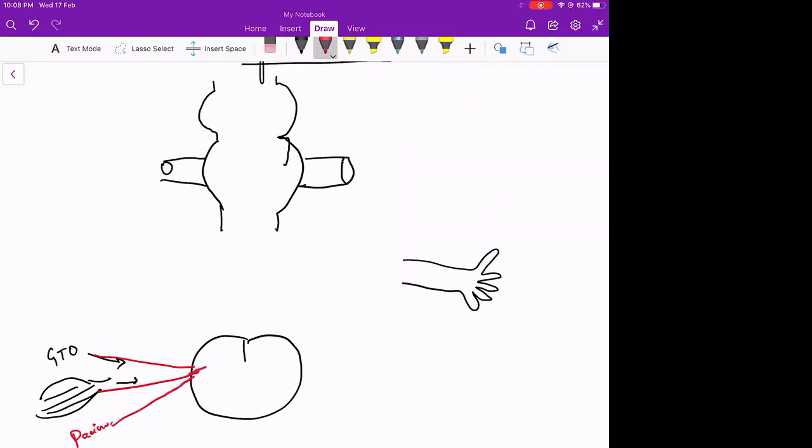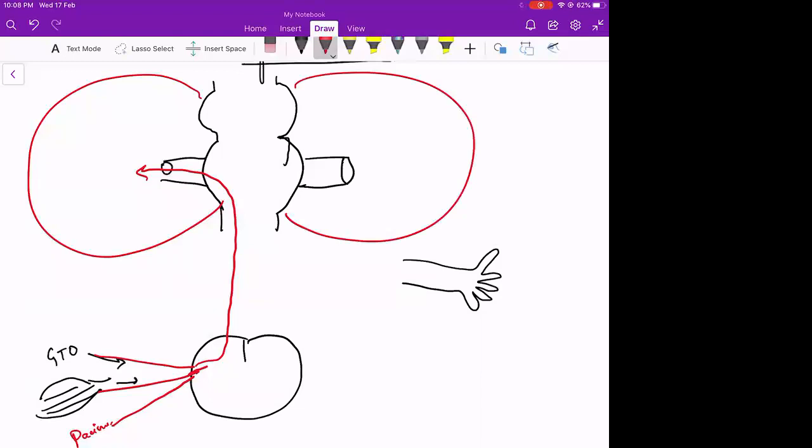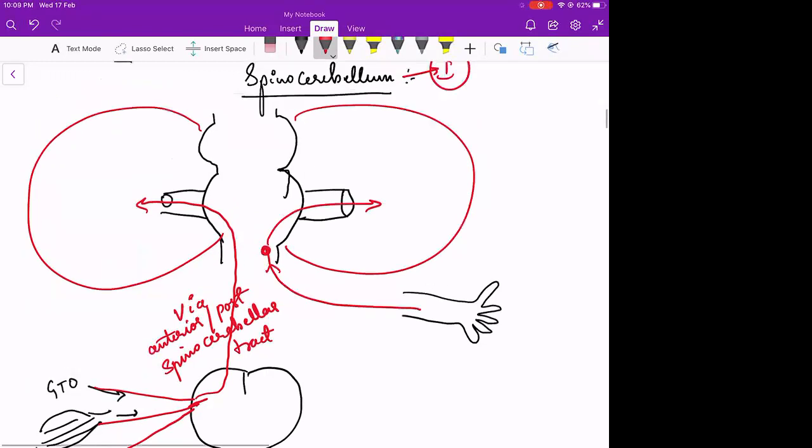All the sensory inputs will go here and reach the cerebellum via the inferior cerebellar peduncle through the anterior and posterior spinocerebellar tracts. Particularly from the upper limb, the fibers go to the nucleus cuneatus, and then to the cerebellum through the inferior cerebellar peduncle.